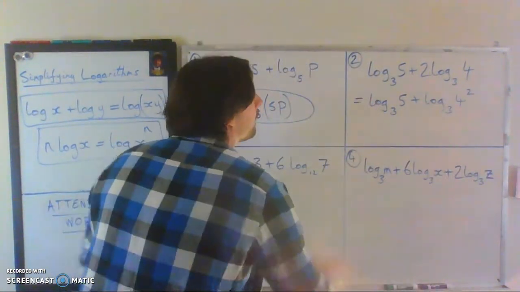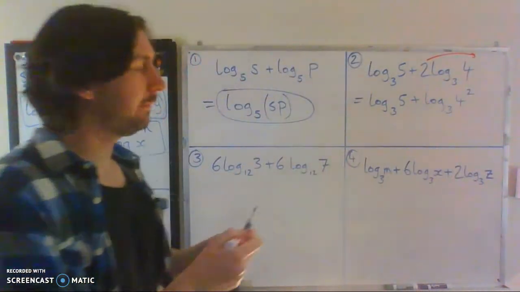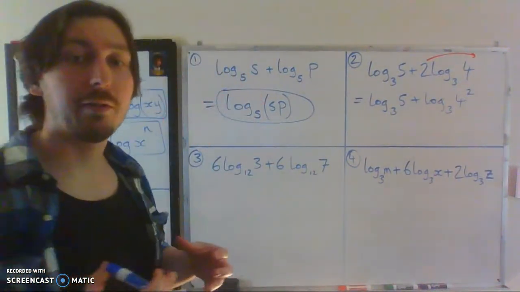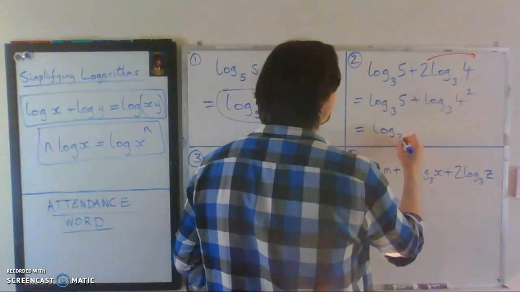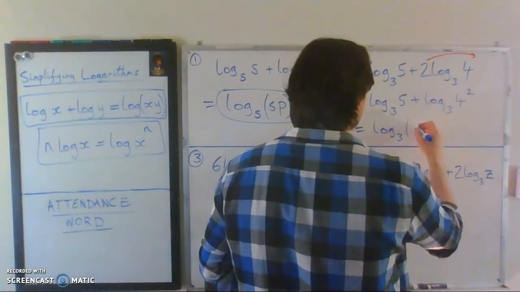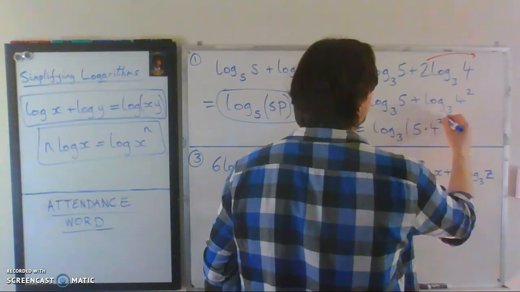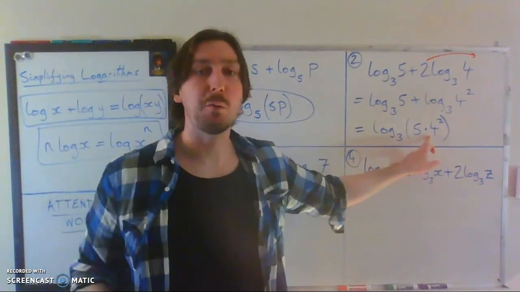Okay? That's gone up there. And now I can put them together, and it will look like this. Log 3, 5 times 4 squared. Remember last time it had that dot in the middle to show that they were multiplying?